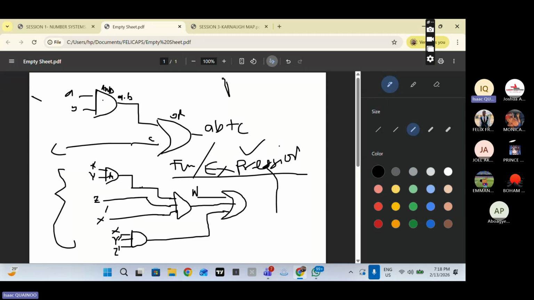But it negates its input. So this is a buffer gate. We put a circle in front of the buffer gate to denote a NOT gate. So you can basically just look at the symbol and then tell which type of gates we are using here.